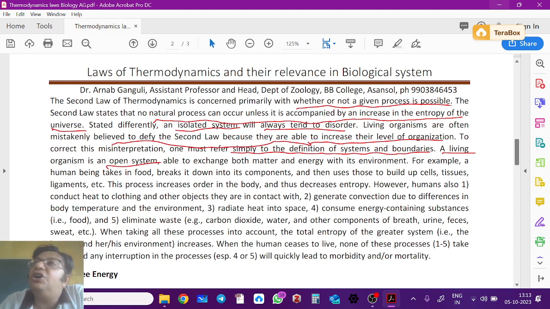Completely it's not transferred. So you will say I have taken 10 kilocalories of food, but why have I got only 9 kilocalories? Because that 1 kilocalorie has been given to the environment. That's an open system. But in a closed system, it will not be lost. Theoretically there is no closed system in this.